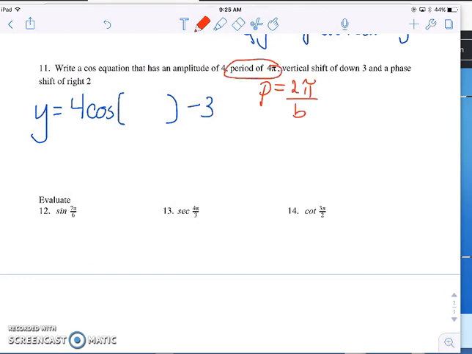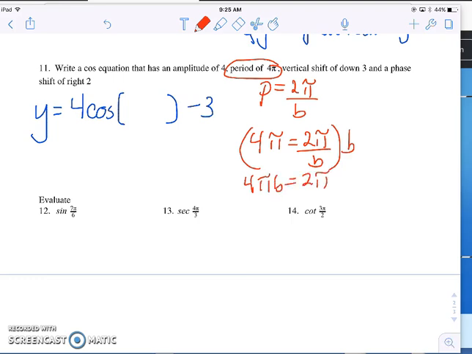We have right here our period is 4 pi. So 4 pi equals 2 pi over b, multiplied by b. So 4 pi b equals 2 pi. Divide by 4 pi. So b equals 1/2. So we can put that we have our half x.